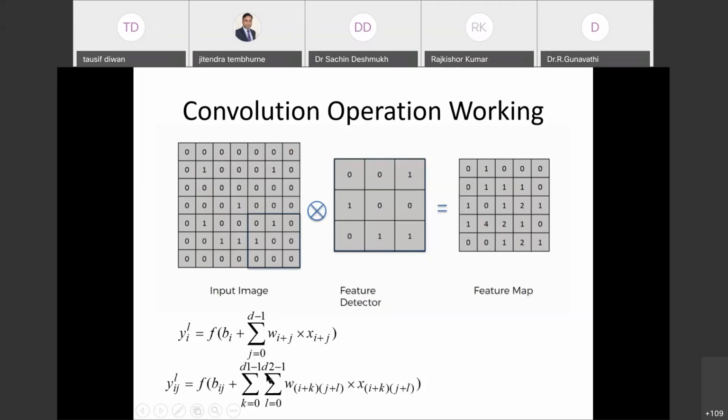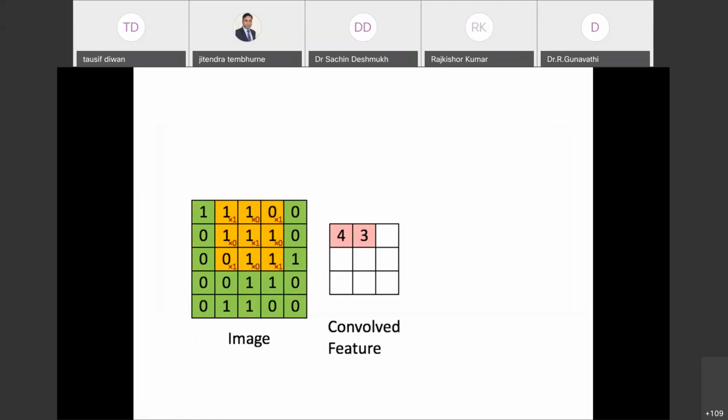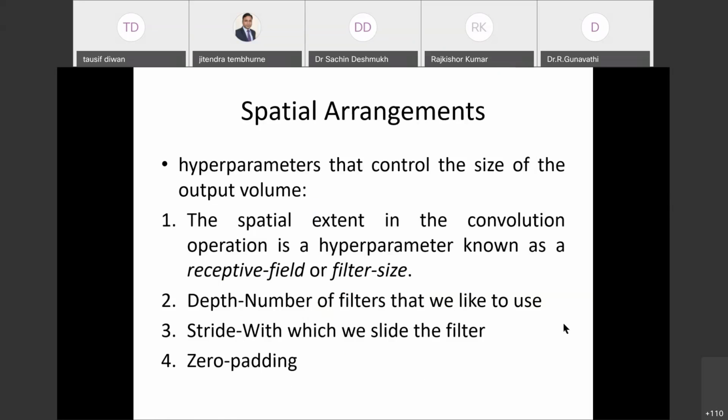So there are two equations. The first equation is related to 1-dimensional input and a single vector filter. In the second case, you take the 2-dimensional input and a 2-dimensional filter is applied. We have already seen how the filter is shifted over the input and how you compute this output. Now we need to see something else, like spatial arrangement: the hyperparameters that control the size of the output volume. There are 4 things that affect the size of the output volume.